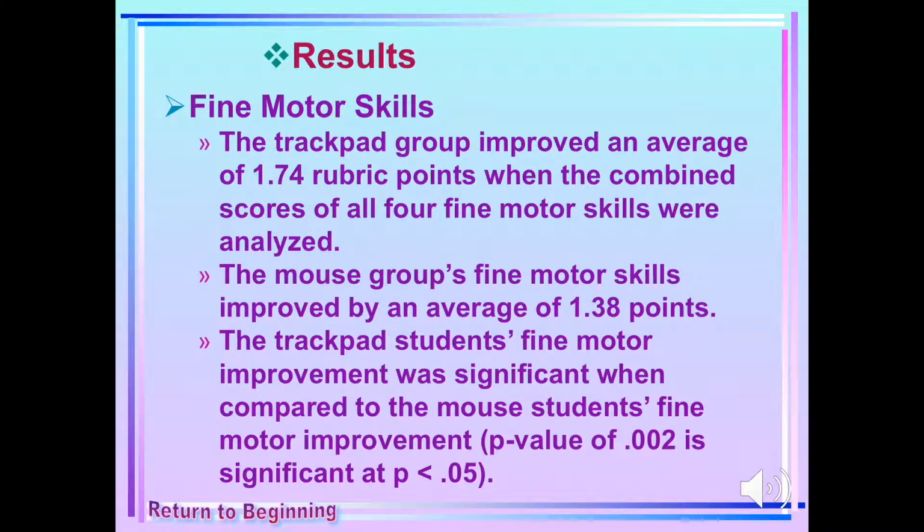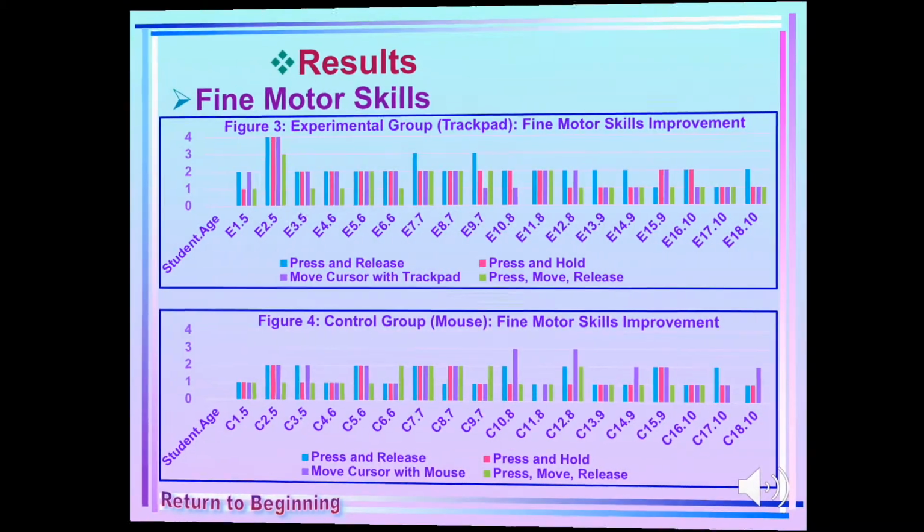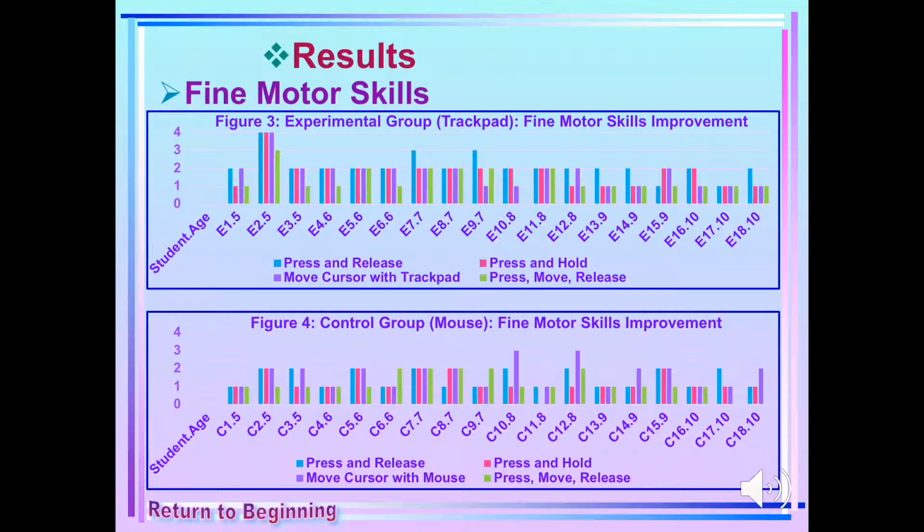When the 4 fine motor skills were combined, the Trackpad group did improve statistically more than the mouse group. The 4 fine motor skills were press and release, press and hold, move the cursor with the trackpad or the mouse, press, move, release.